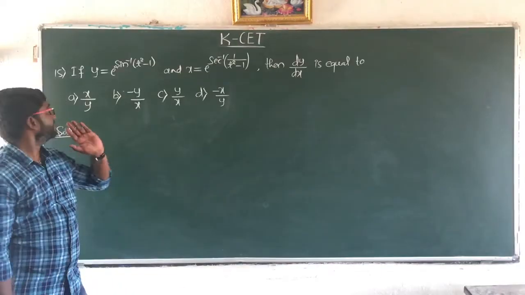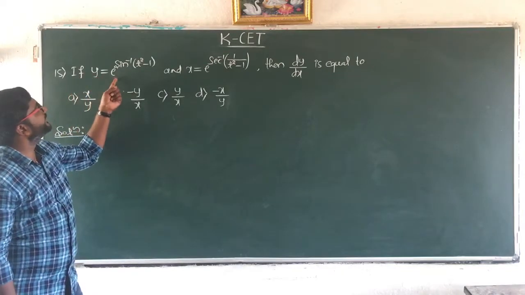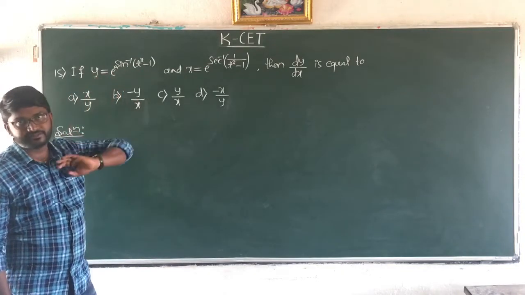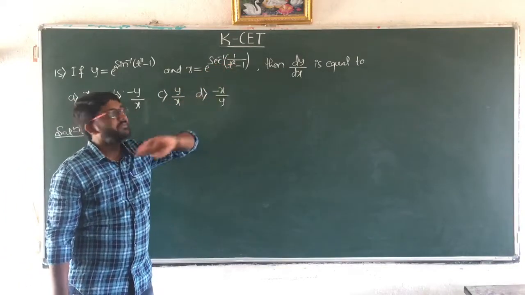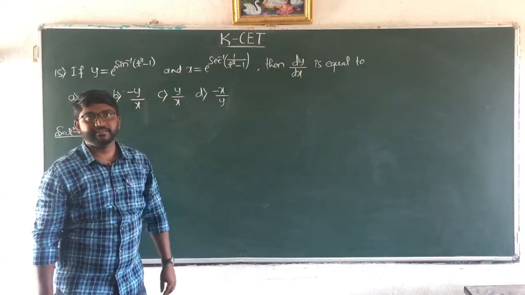So the next question is, if y is equal to e to the power sine inverse (t square minus 1) and x is equal to e raised to secant inverse (1 by t square minus 1), then dy by dx is equal to.